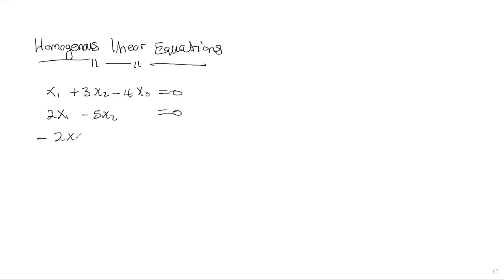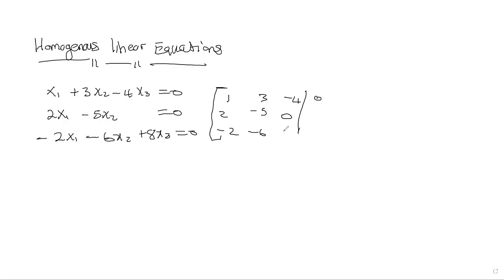Minus 2x1 minus 6x2 plus 8x3 is equal to 0. Then if we make an augmented matrix: 1, 3, minus 4, 0, 2, minus 5, 0, 0, minus 2, minus 6, 8, 0.